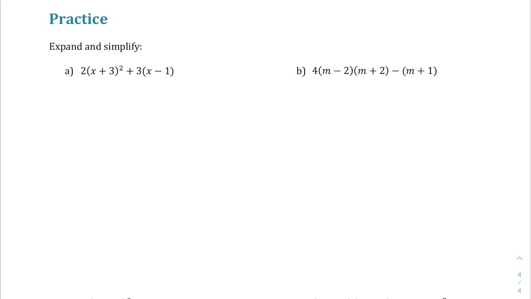Again, the strategy that we want to use, we want to make sure that we're thinking about BEDMAS. We want to apply our distributive property, and we want to be on the lookout for difference of squares, and then we want to look for the trinomials, right?